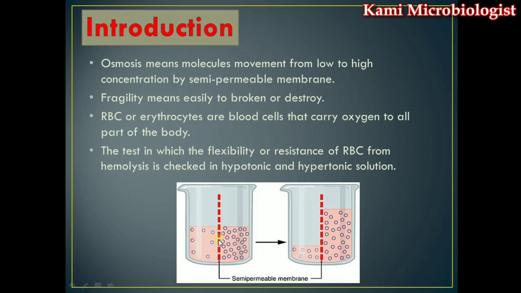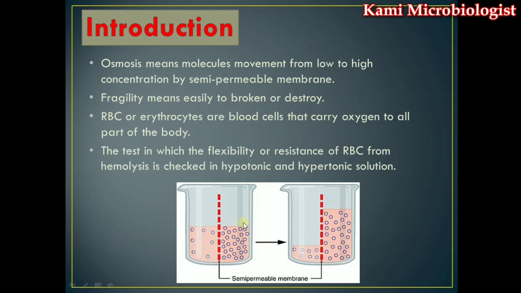Now in the middle of this diagram, the portion represented by the red dots is the membrane, and it is a semi-permeable membrane. A semi-permeable membrane is a membrane which contains pores, as you can see, and through these pores the molecules can easily pass.